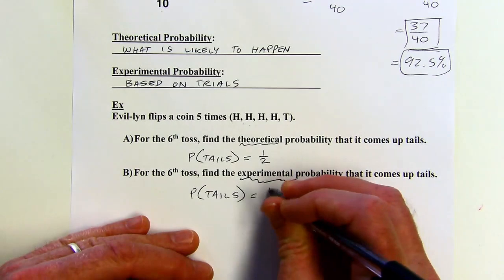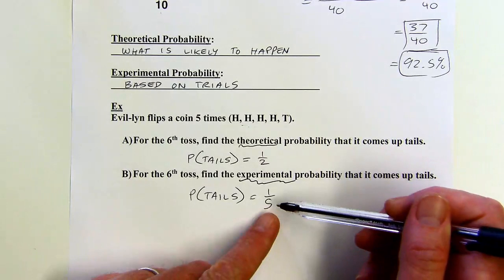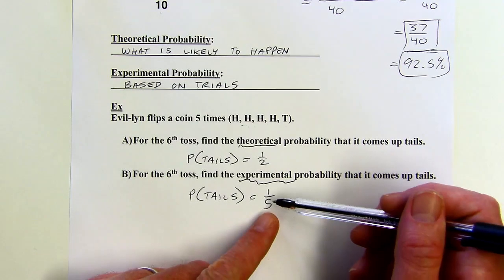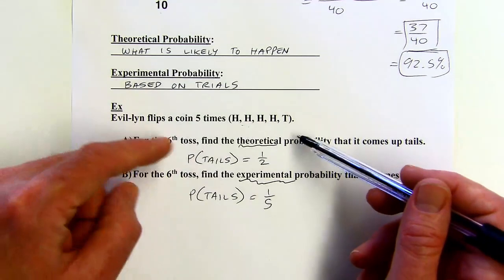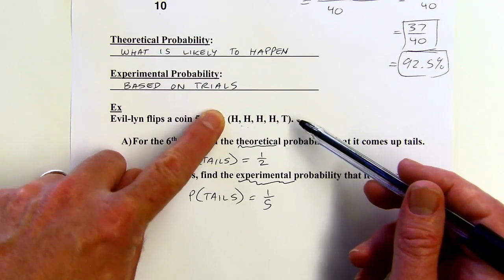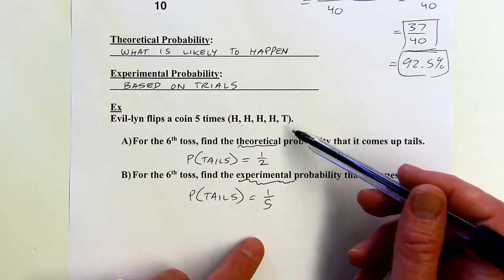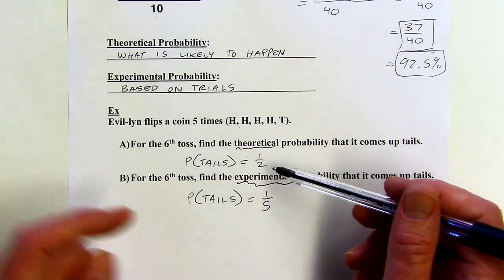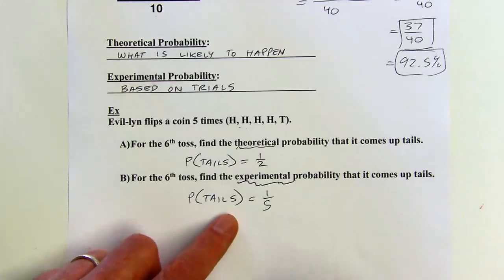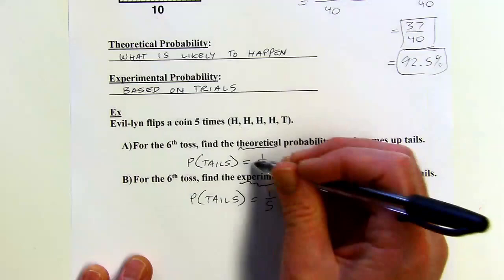So the experimental probability is just based on what's already happened. So experimentally, we think tails is going to come up 1/5 of the time based on what has already happened, okay? So, maybe it's a weighted coin or something, and it's rigged to come up heads more often than tails. That could happen. So that's where experimental probability comes in. But theoretically, it's 1/2. Okay.